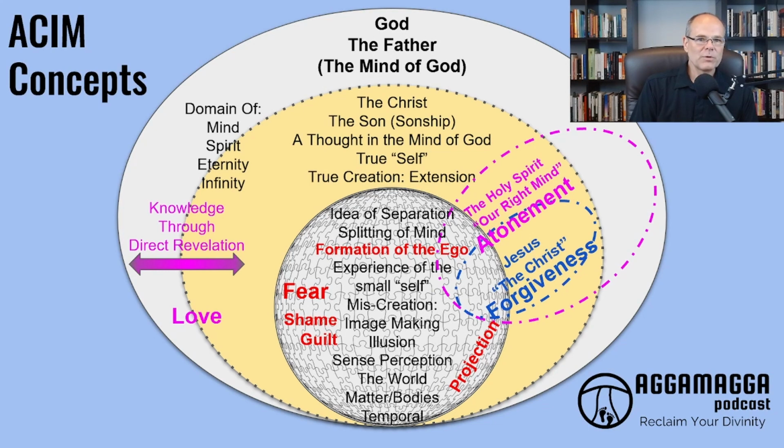The thought system of the Holy Spirit brings us back to our experience, not just our understanding, but direct knowledge and direct revelation of our oneness with each other as the Christ, as the Sonship, the Son of God.